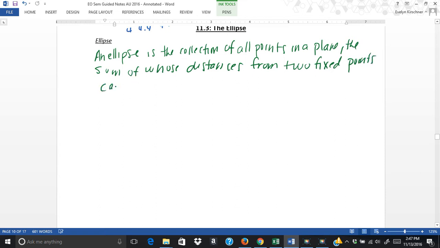We call these the foci, plural of focus, and that sum is a constant.